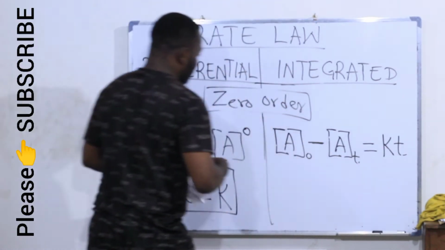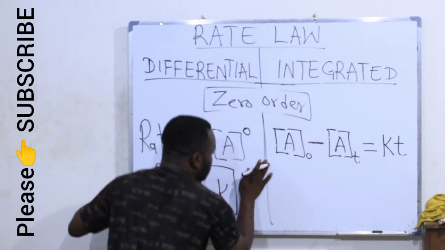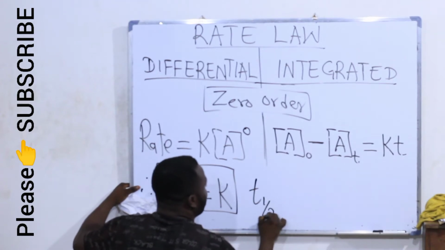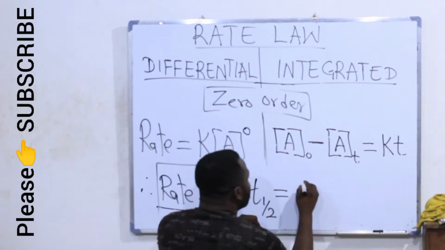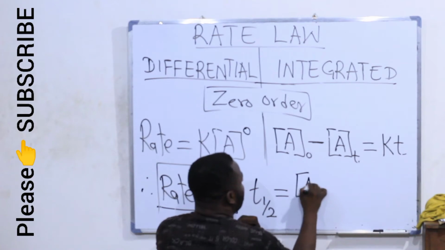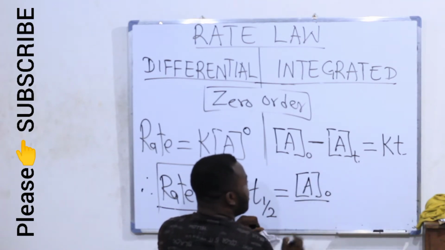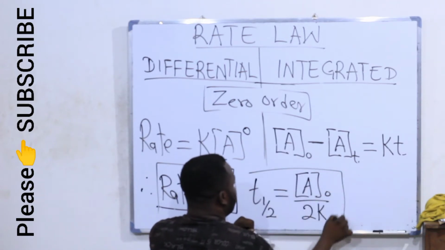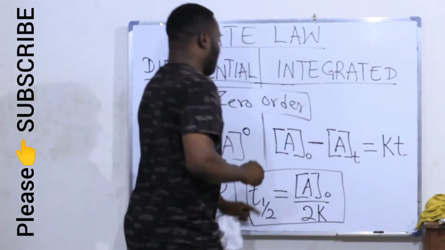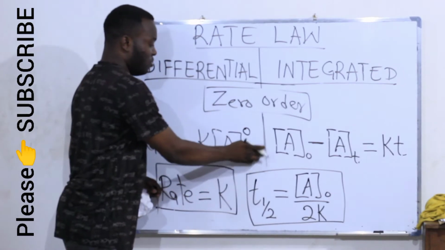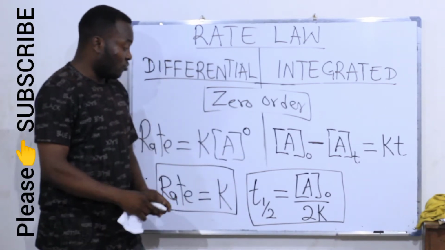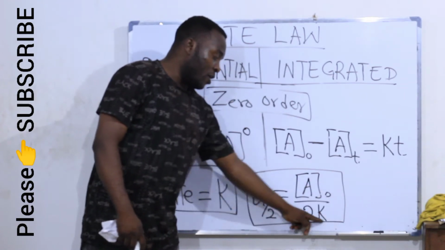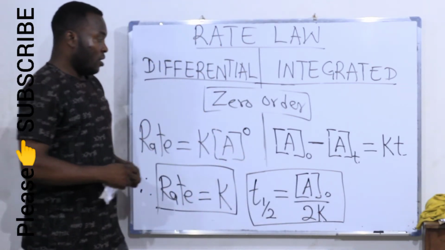Now, for zero order reaction, half-life, which is T half, is equal to initial concentration, which is A naught, divided by 2 times K. This is the formula for the half-life of a zero order reaction. The half-life of a zero order reaction is A naught, which is initial concentration, divided by 2 times rate constant.